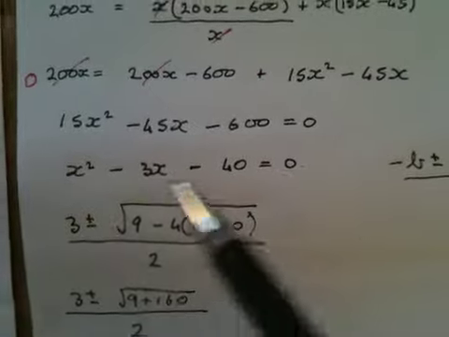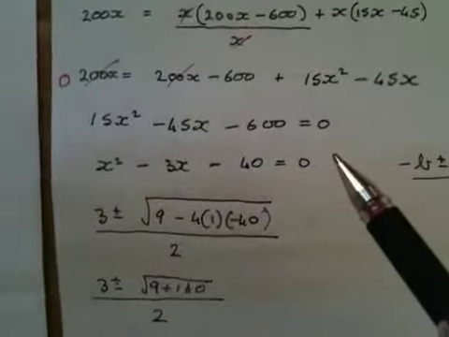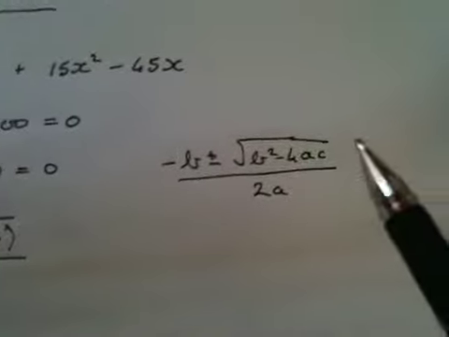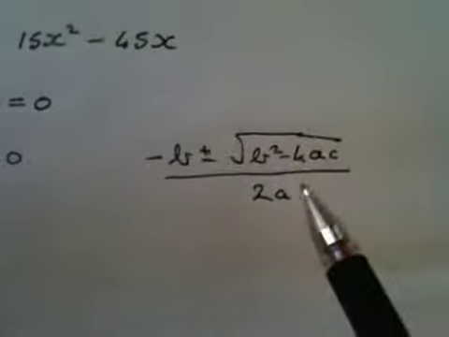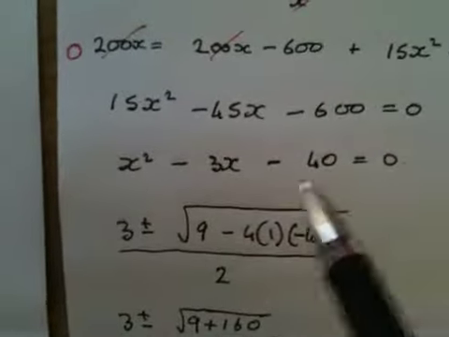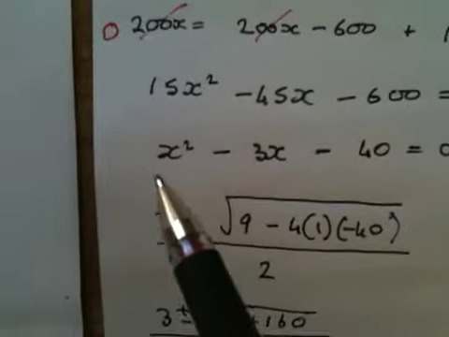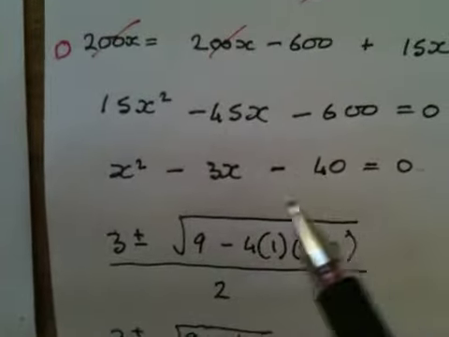We could either try and factor that directly or use the quadratic formula, and the quadratic formula will always work. And just to recap on the quadratic formula, it's minus b plus or minus the square root of b squared minus 4ac, all over 2a. So let's plug this in. A is 1, b is minus 3, and c is minus 40.